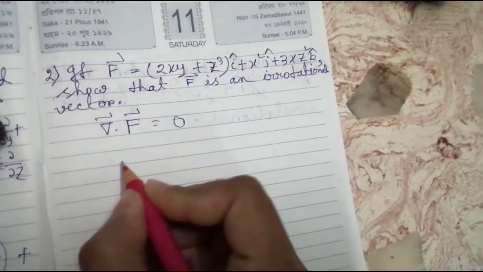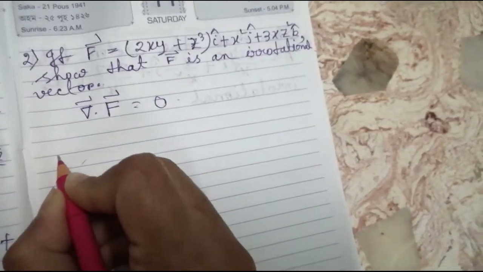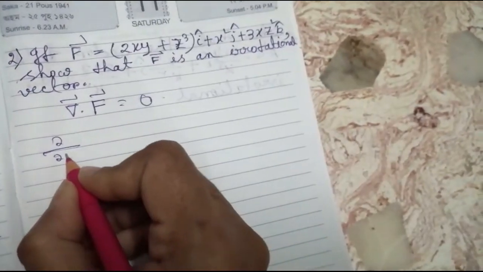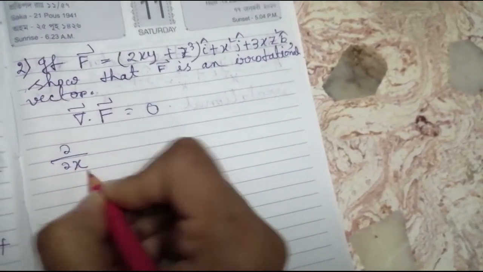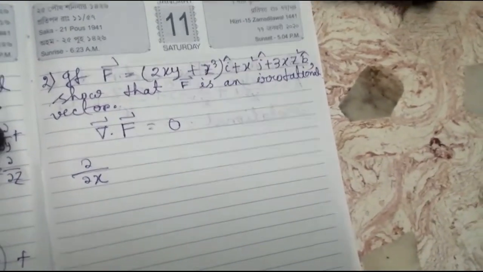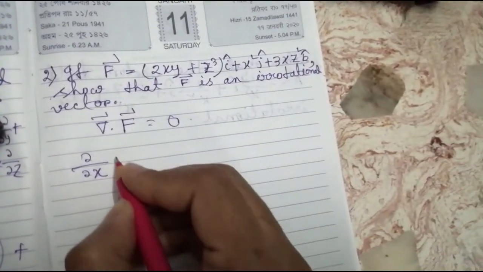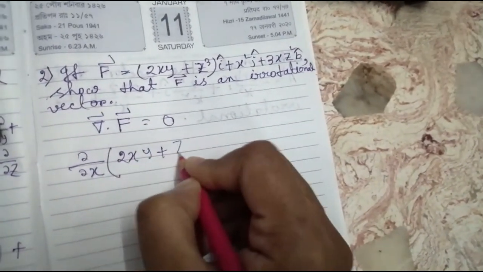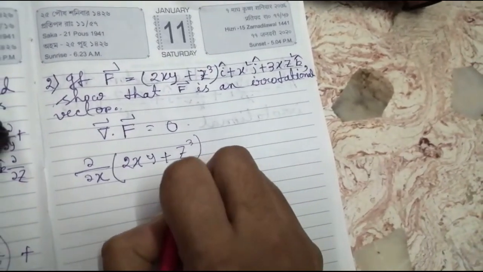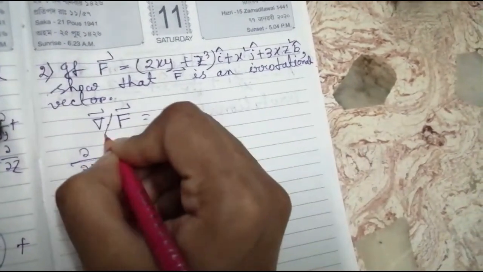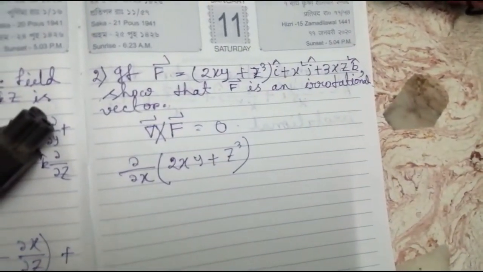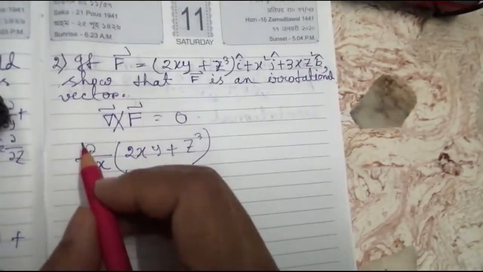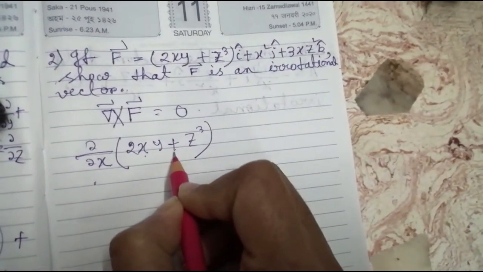So now if we do the dot product, then del x of 2xy plus z cube, here it will be cross. Irrotational means the cross product will be 0. So nabla cross f equal to 0, therefore del x 2xy plus z cube.